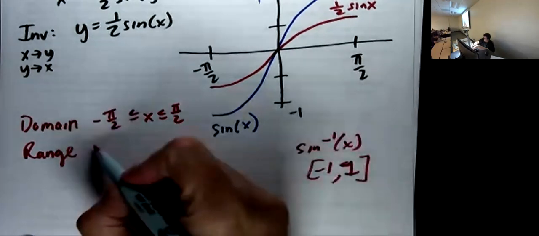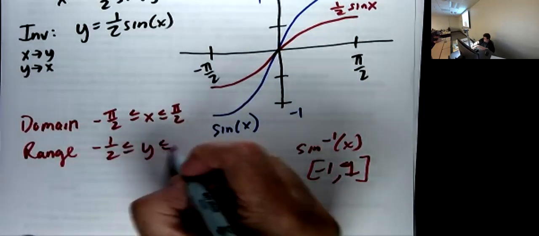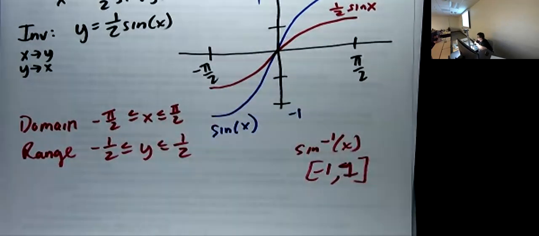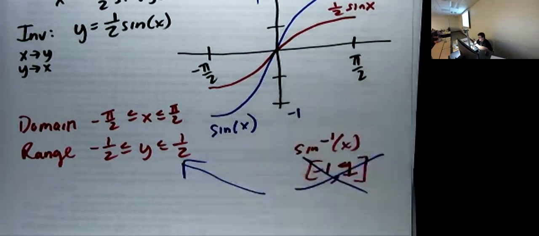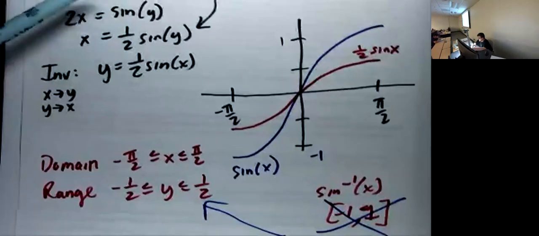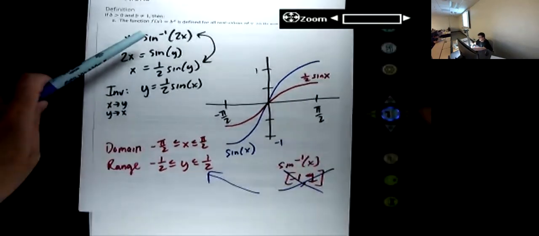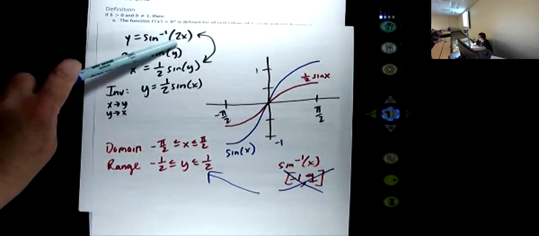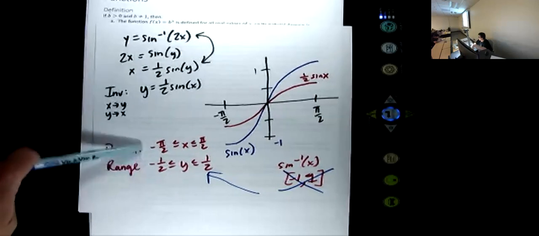Well, now the range is -1/2 to 1/2. So the range has changed. This is no longer the case. So if you have something inside, this started off as sine inverse of 2x. Having something on the inside changes what's acceptable out for your inverse sine.